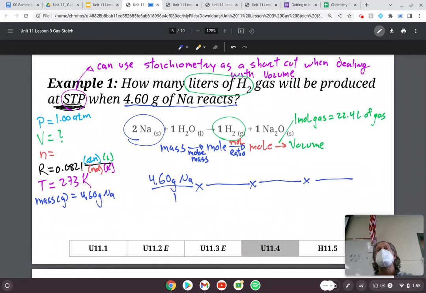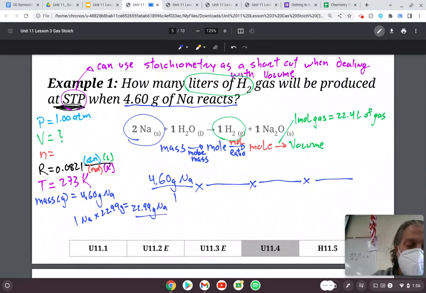In this case, sodium is the molar mass we have to calculate. So I have 1 sodium times 22.99 grams, which will essentially give me 22.99 grams of sodium in 1 mole. So I want to cancel out grams of sodium in my problem. So I'm going to put 22.99 grams of sodium on the bottom and 1 mole of sodium on the top.